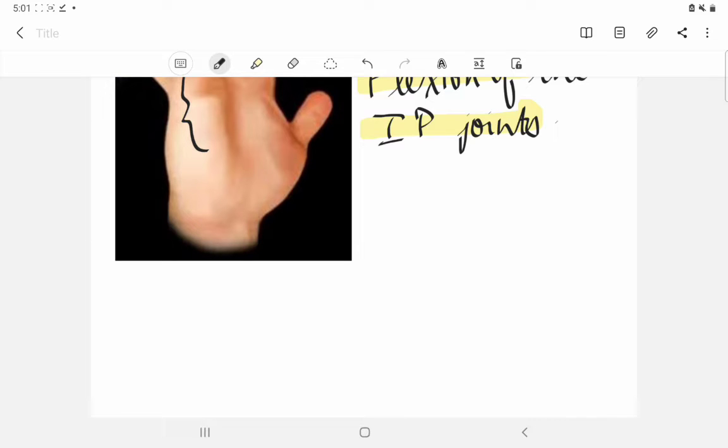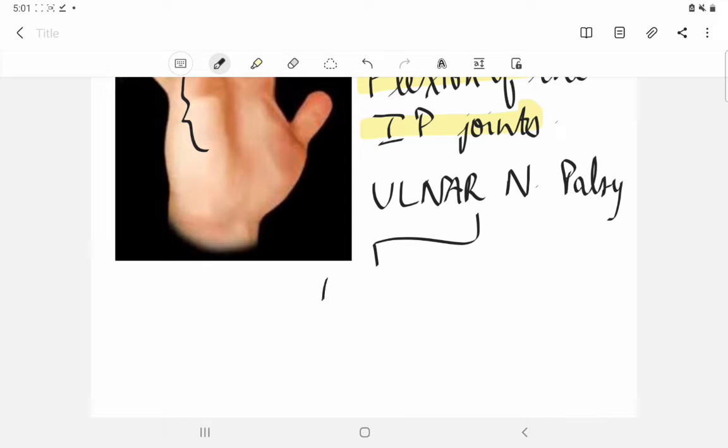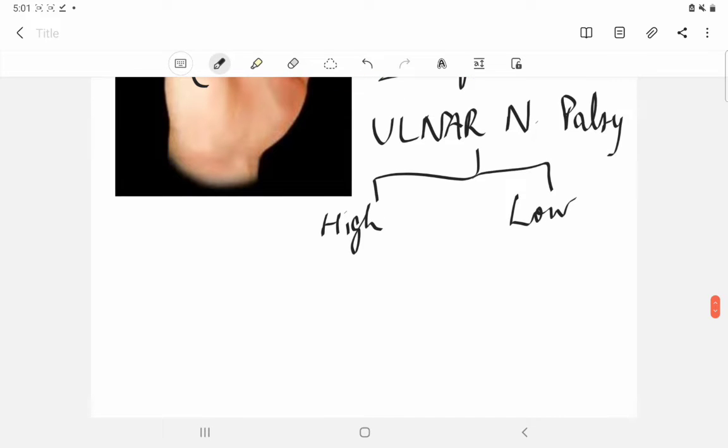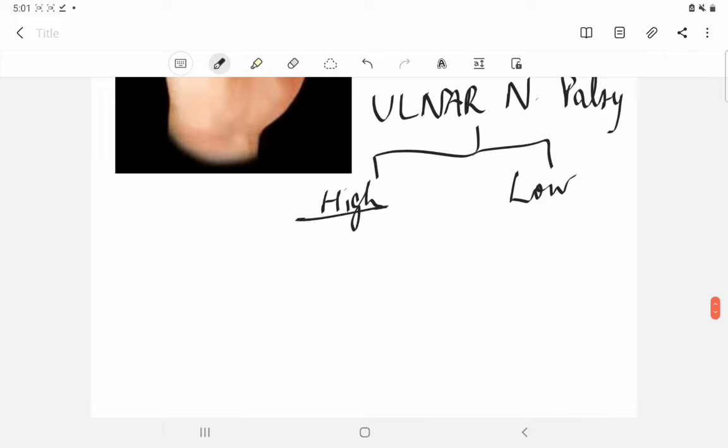Now, there are two types of ulnar nerve palsy. You have the high ulnar nerve palsy, and then you have the low ulnar nerve palsy. What is the high ulnar nerve palsy and what is the low ulnar nerve palsy? High ulnar nerve palsy is basically the injury proximal to the elbow. What happens when you have an injury proximal to the elbow?